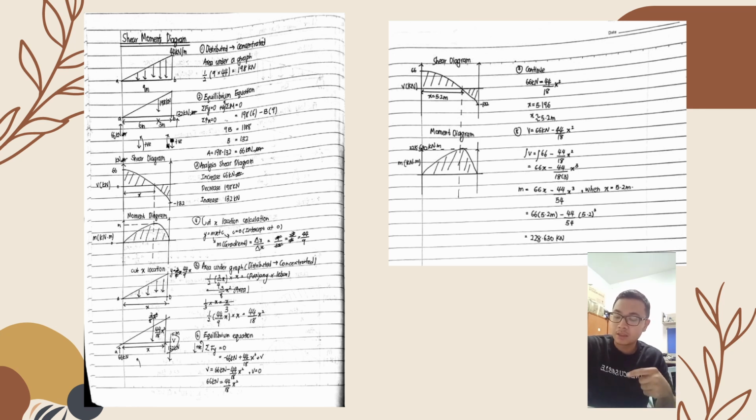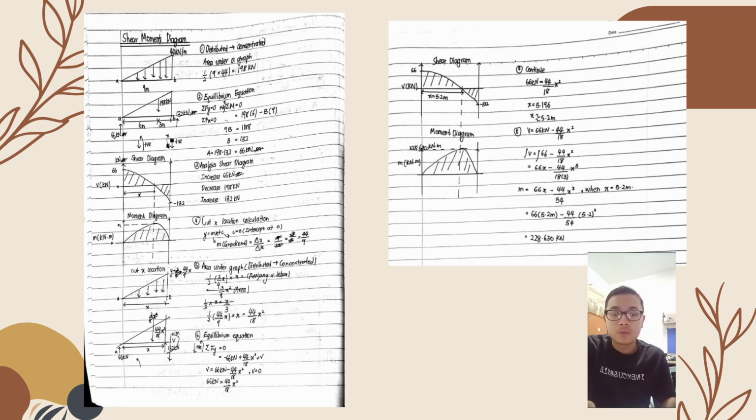We get negative 66 kilonewton plus 44/18 x square plus V, where V is the shear. And how do we find X? We just put V equal to 0 and we get X equal to 5.2 meter.